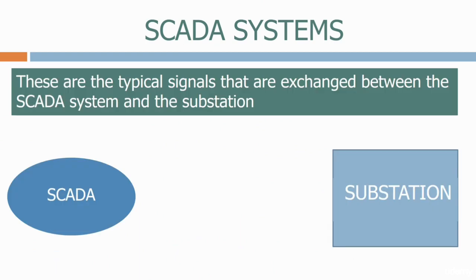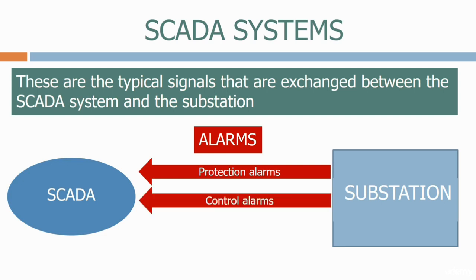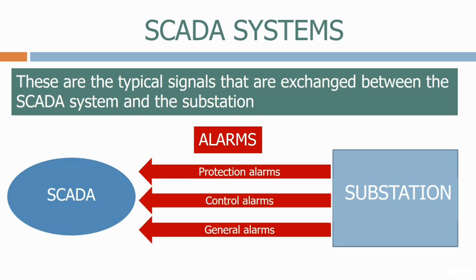These are the typical signals that are exchanged between the SCADA system and the substation. Firstly, we have alarms to signal that something's gone wrong with the system. These include protection alarms, control alarms, and general alarms.